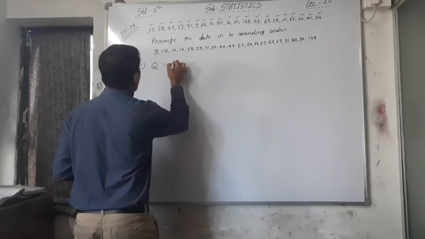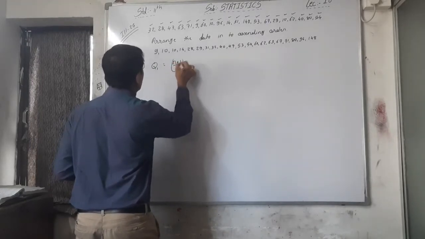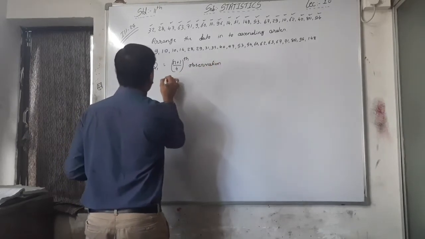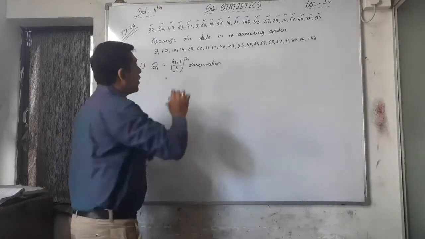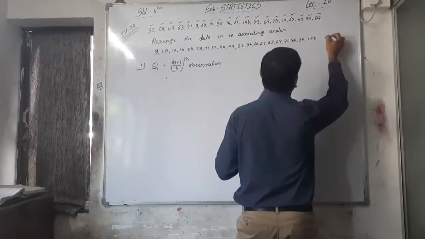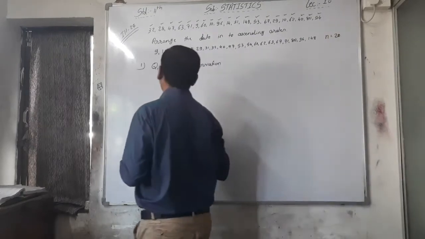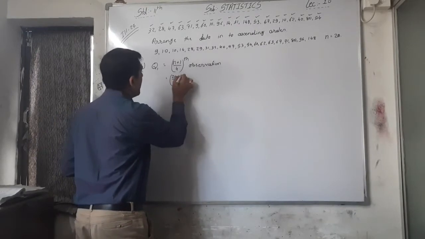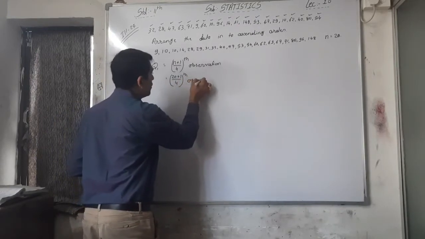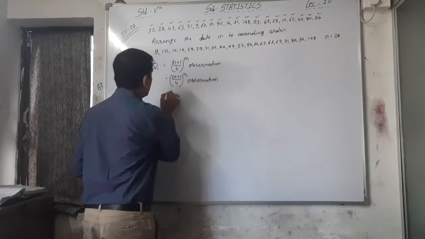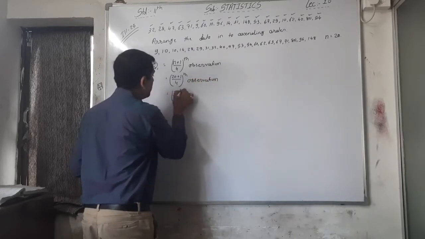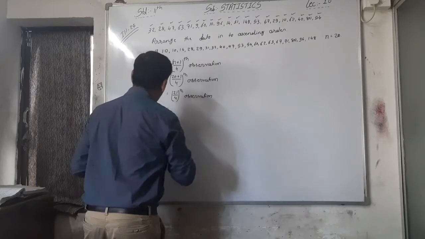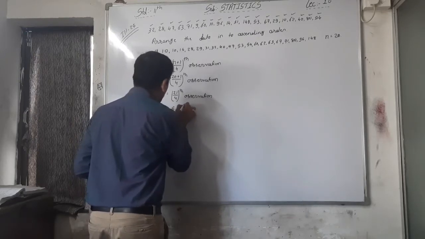Now Q1 is the (n plus 1) by 4th observation. Here n is equal to 20, the number of observations is 20. So 20 plus 1 divided by 4th observation, that is 21 by 4th observation, that is 5.25th observation.